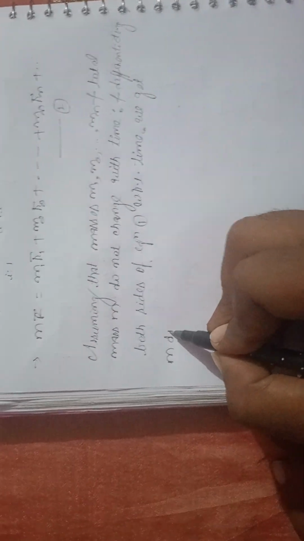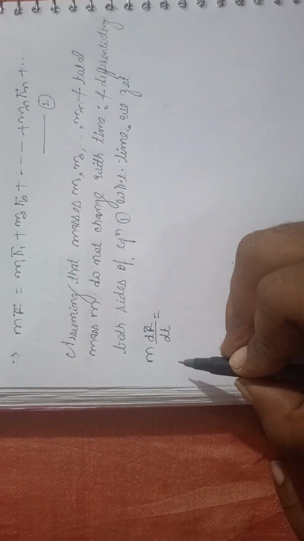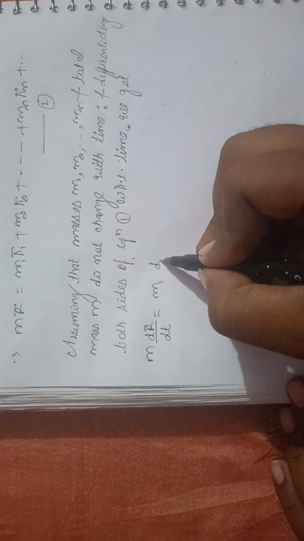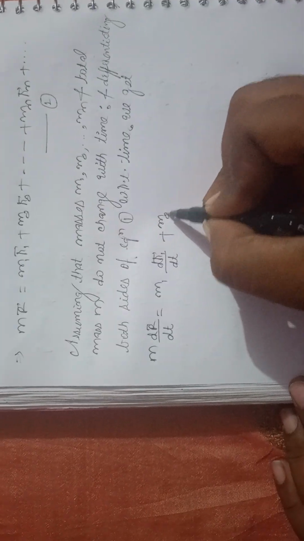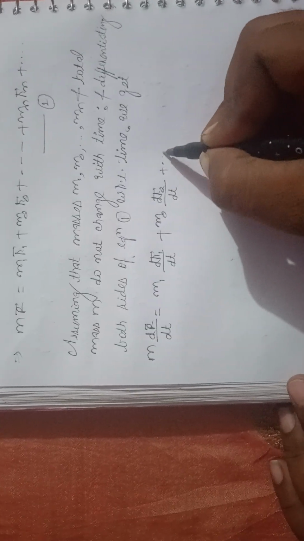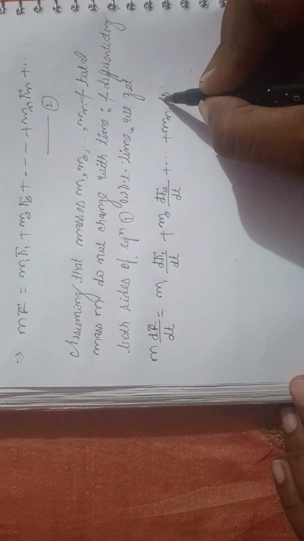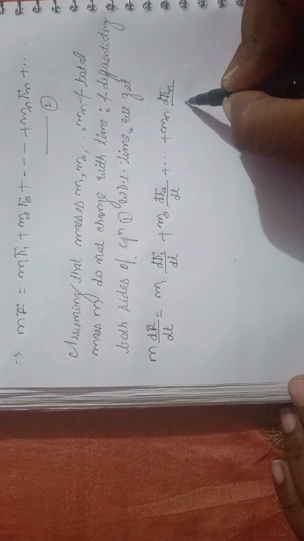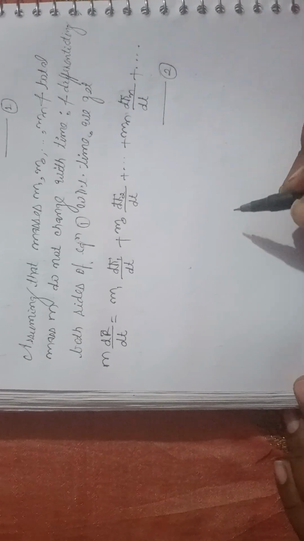M dr vector upon dt is equal to m1 dr1 vector upon dt plus m2 dr2 vector upon dt plus dash mn dr vector n upon dt plus dot. This was equation second.